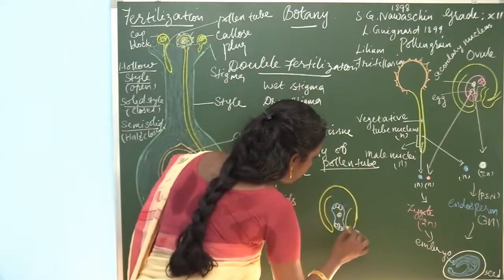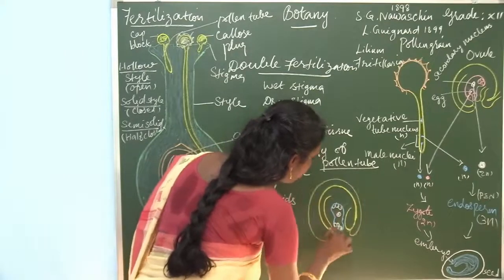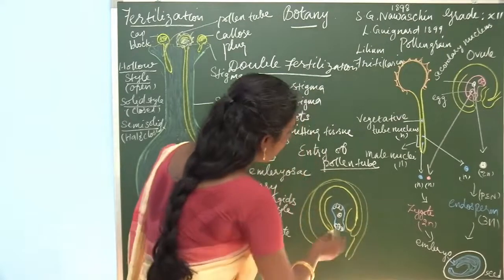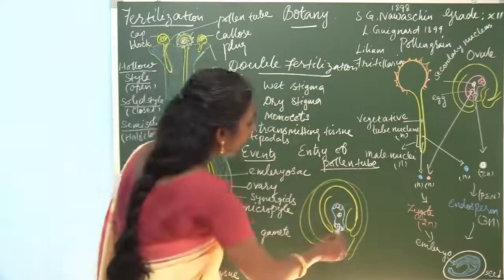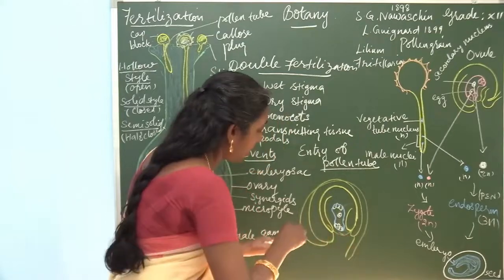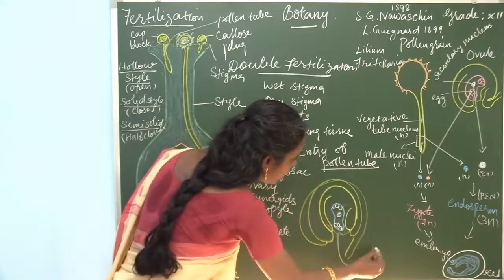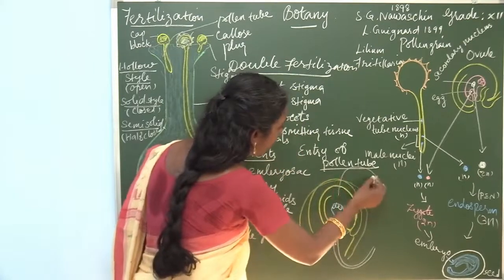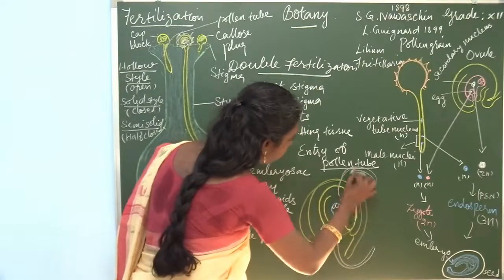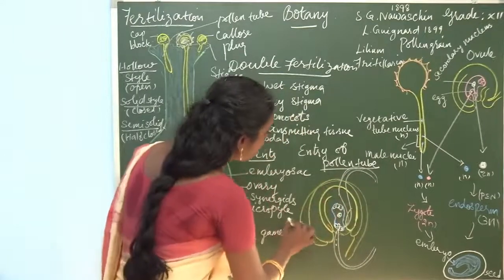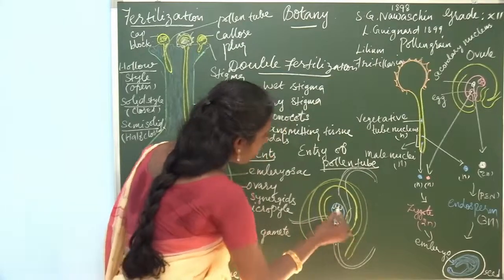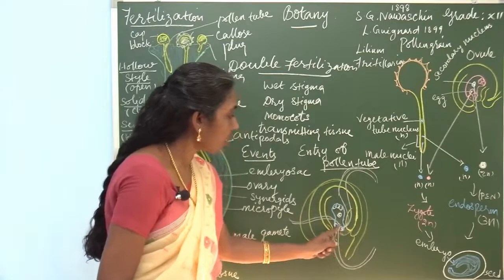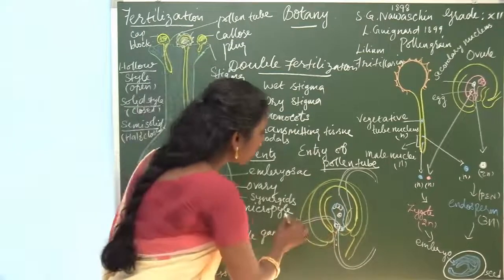Now, the pollen tube enters either through the micropylar region, or it enters through the chalazal region and reaches the egg, or it enters through the integuments.